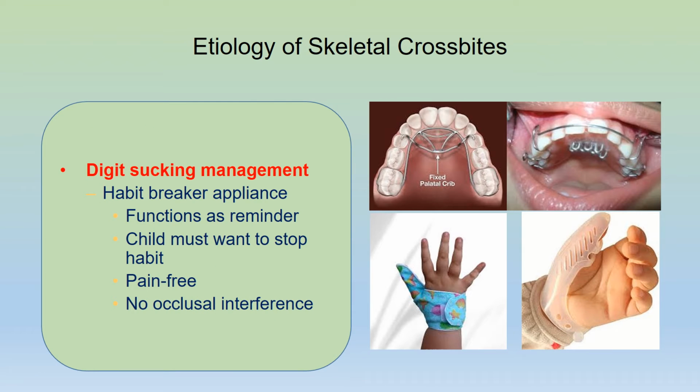We could also use an adult habit breaker appliance. This functions as a reminder, but the child must want to stop the habit, and the appliance should be pain free and should not give rise to occlusal interference.